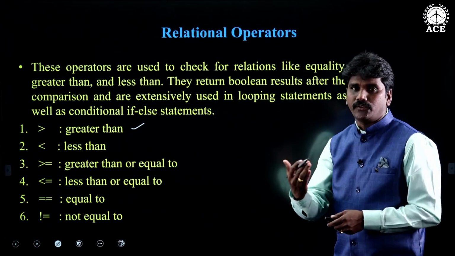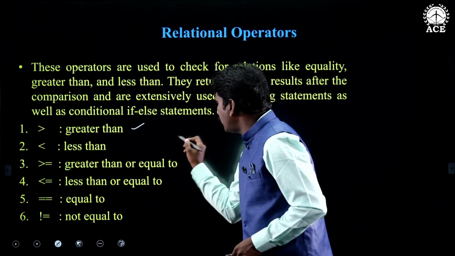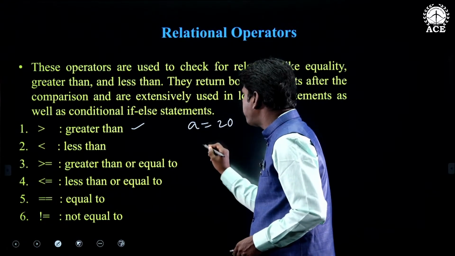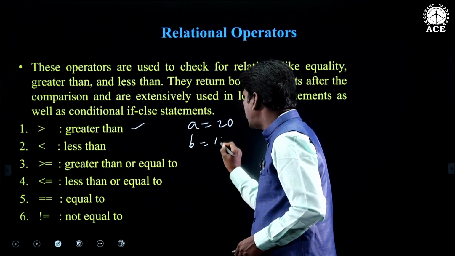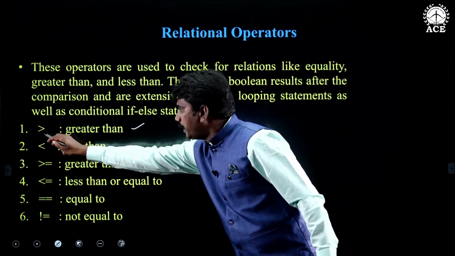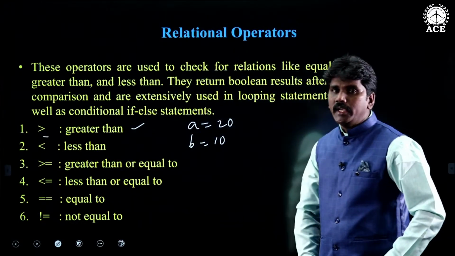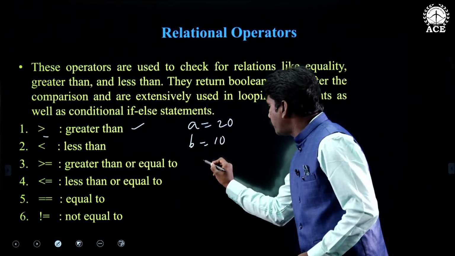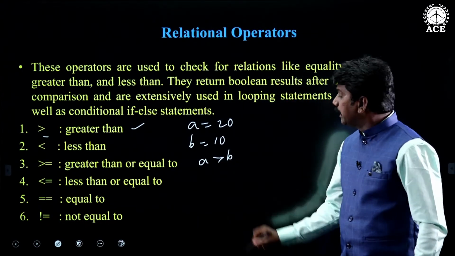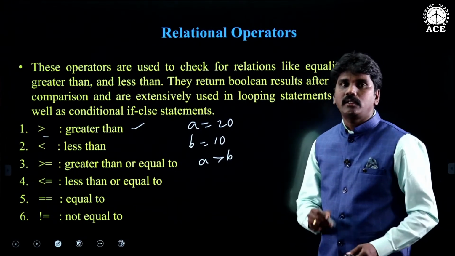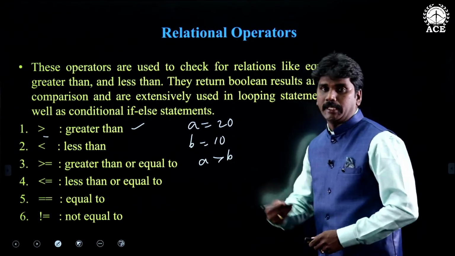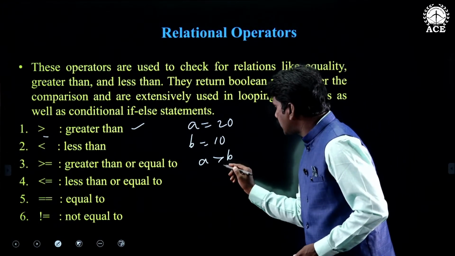For example, if I have variables A with the value 20 and B with the value 10, and I check the condition A greater than B, what is going to be the result?